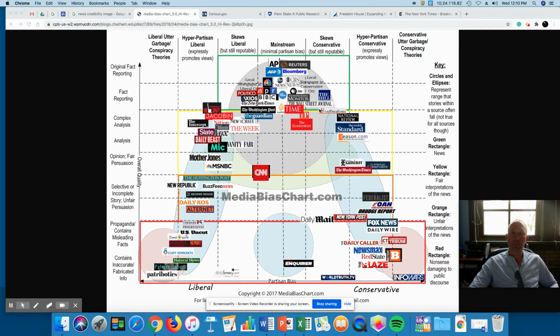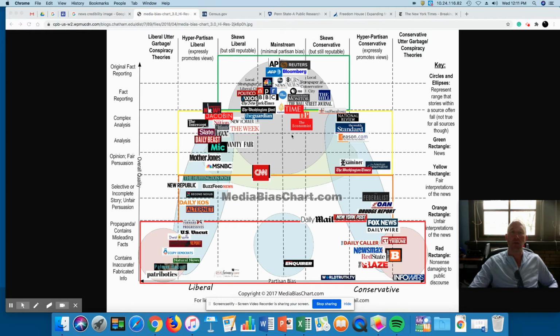All right. As you move down, what we have here is more analysis about facts. This group of organizations, like the New Yorker or the Economist, take the facts and then they analyze them. These can actually be some of the most complex stories because you have more analysis involved.